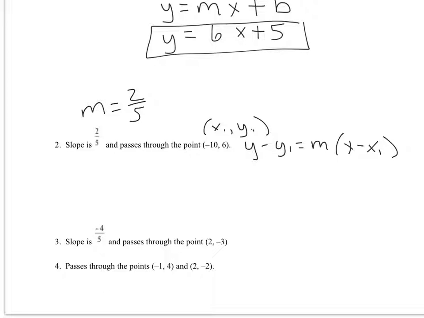So now if we plug in, we'll have y minus, and in parentheses, my y1 is 6, equals my m is 2/5 times, and in parentheses I'll have x minus, and I'm going to put another parentheses for the x1 because remember, I don't want to lose any signs.